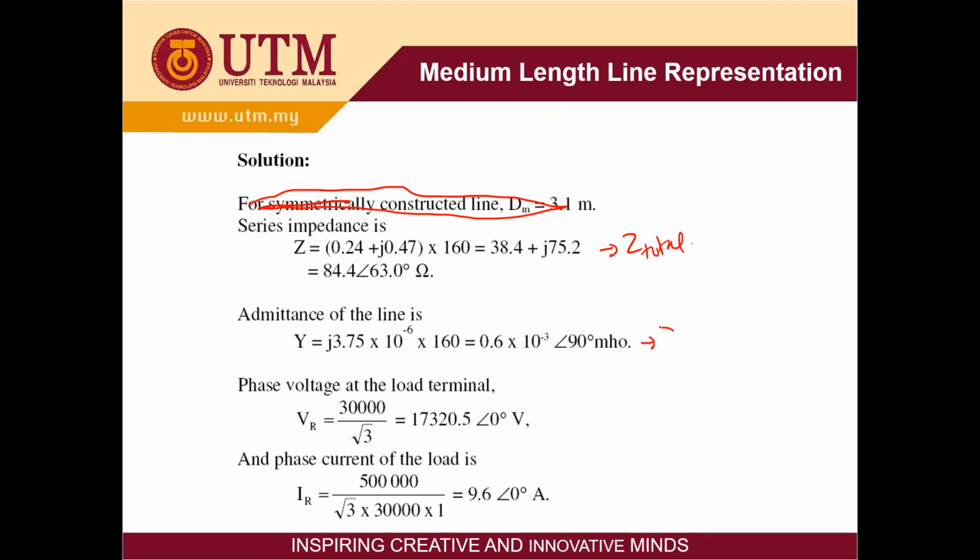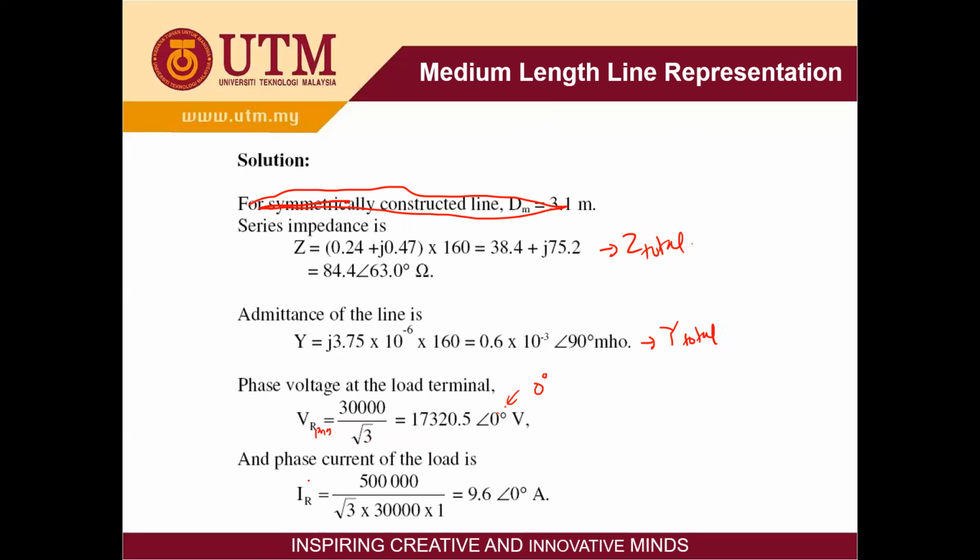So this is your Y total. So the phase voltage at the receiving end is this one. This is VR phase, which is 17.3 kV, and as you notice, the angle should always be 0 degrees because VR phase is our reference.